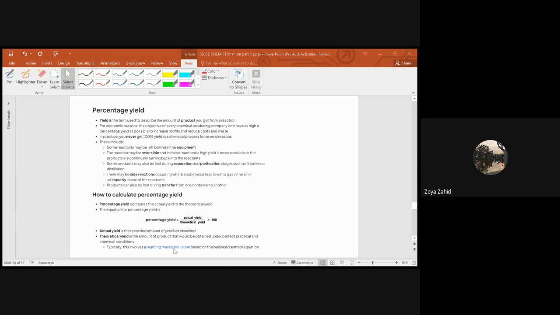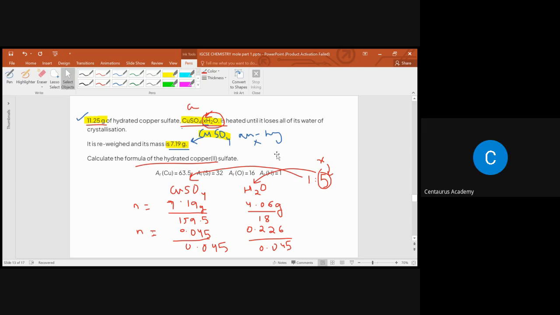Miss, what's the answer again for x? For x, it is 5. Okay, so we just ignore the 1, right? Ignore which one? The number 1 is for CuSO4. Yeah, it is for CuSO4. They asked for the formula of the hydrated copper 2 sulfate, so it is going to be CuSO4.5H2O.